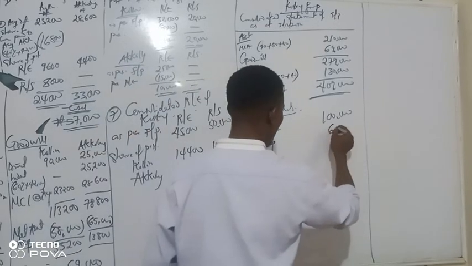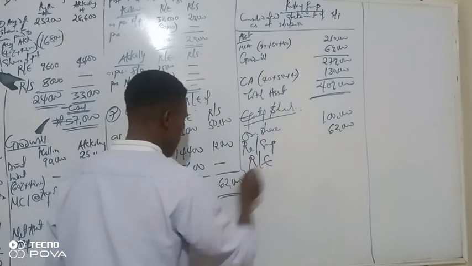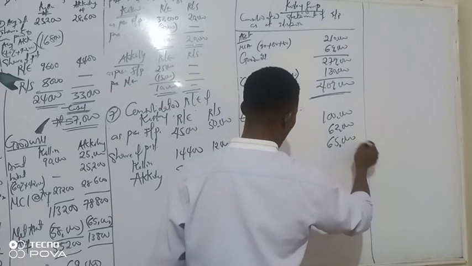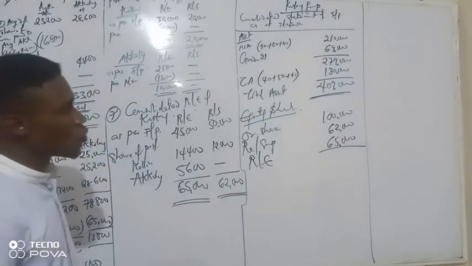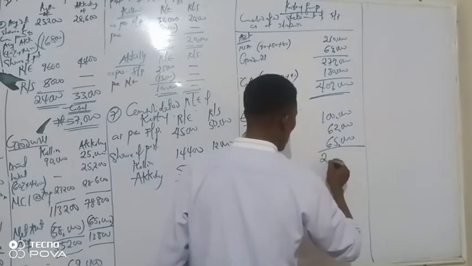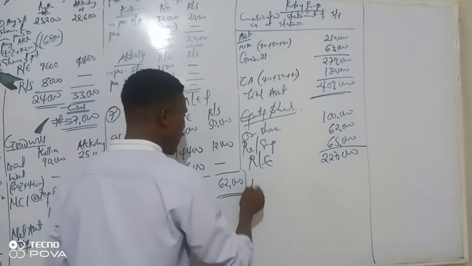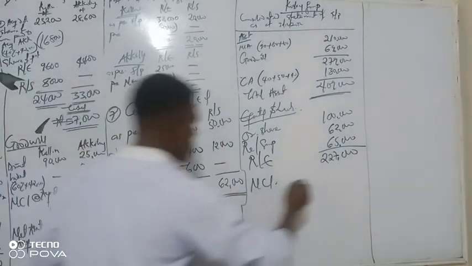Then our retained earnings 65,000. So our total equity, we have 227,000. Then followed by our NCI, 57,000.